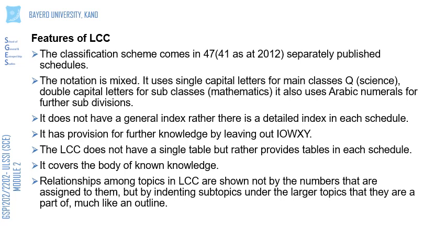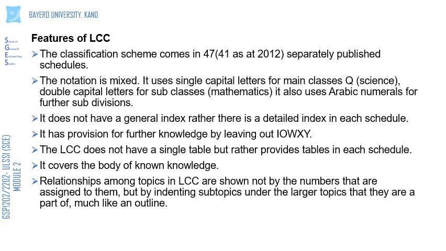A feature of the Library of Congress classification scheme is that it comes in 47 separately published schedules as at 2012. The notation is mixed. It uses single capital letters for main classes, Q for sciences, and double capital letters for subclasses, such as QA for mathematics.